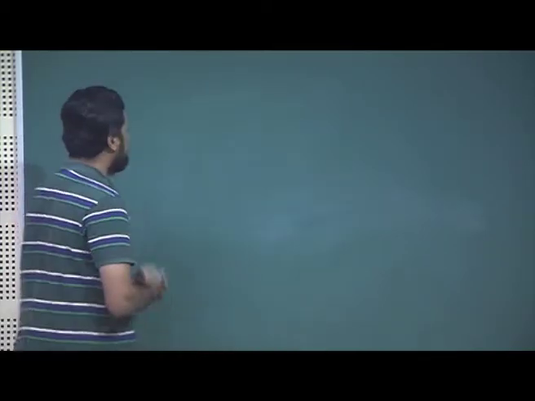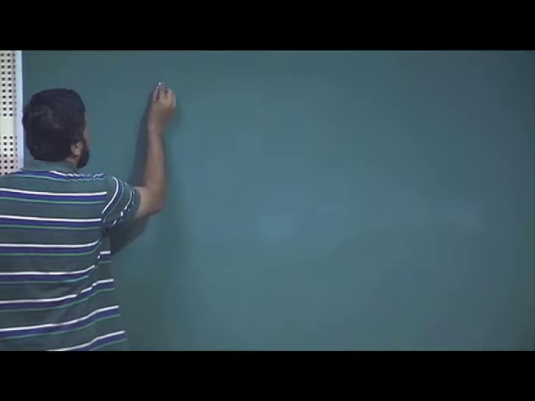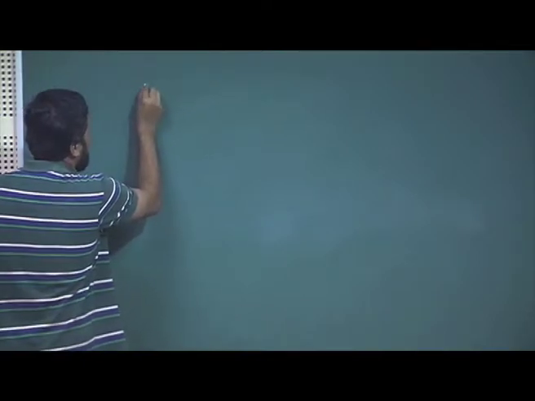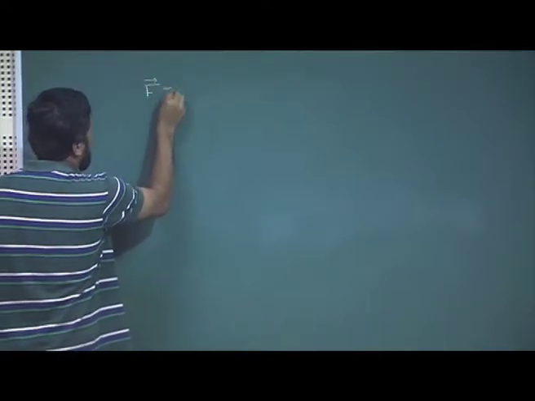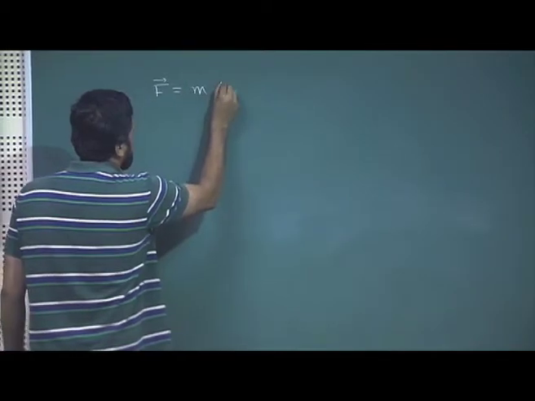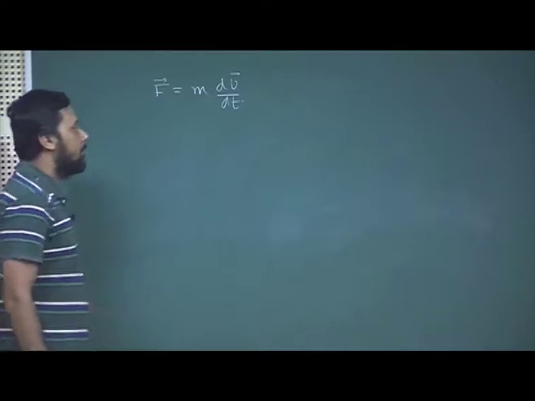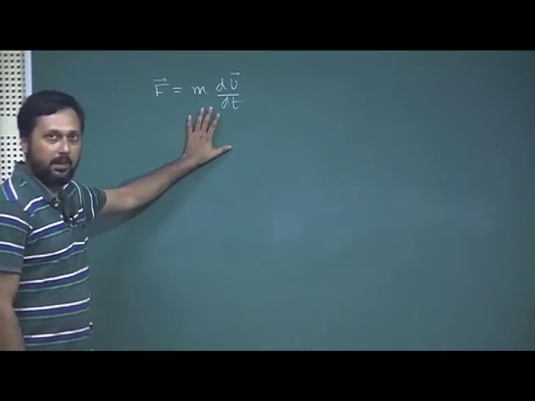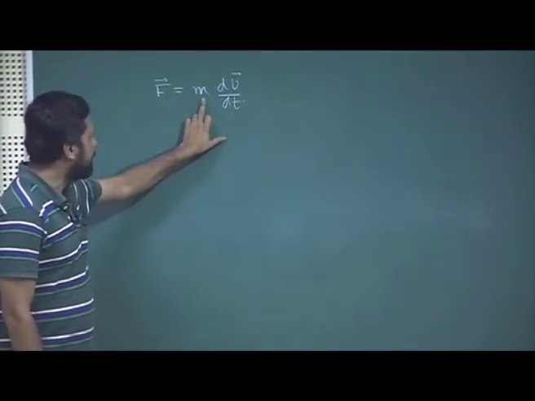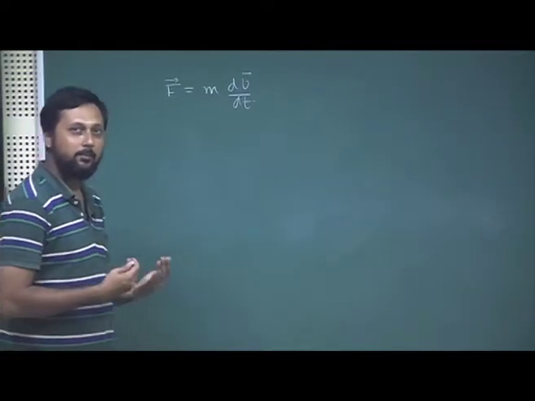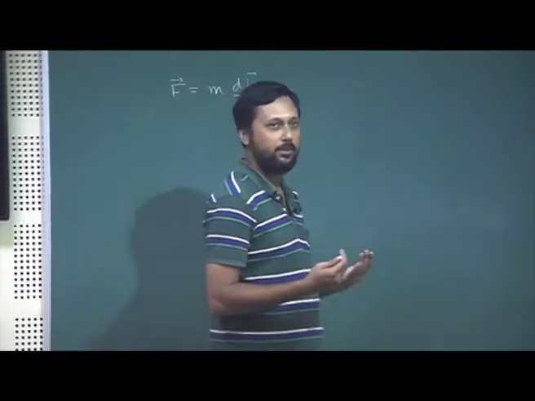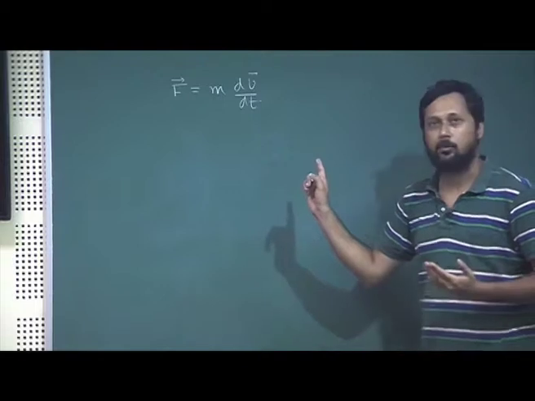What is so special about variable mass is, we have written this equation a number of times, that F is equal to m dv dt, which is correct if the mass of the system is a constant. But assuming that the mass of the system is not a constant, this equation in this particular form is not correct.